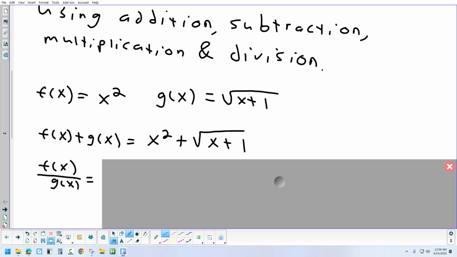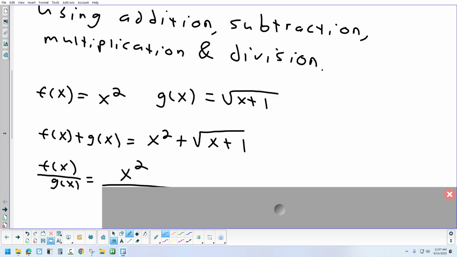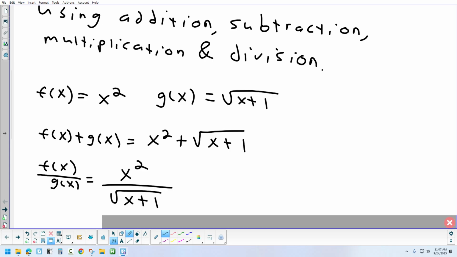Okay, well, we know what f of x and g of x are, so we have to substitute in for them. Yep. You do x squared divided by the square root of x. Now, generally, we're not supposed to leave the square root in the bottom. That's not really what we're going to focus on right now, though.